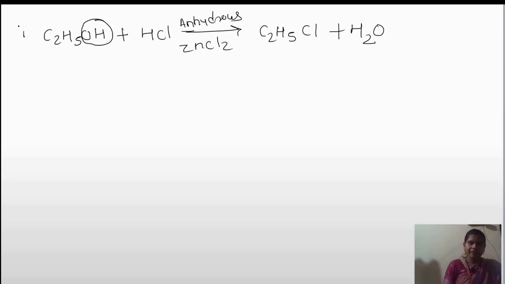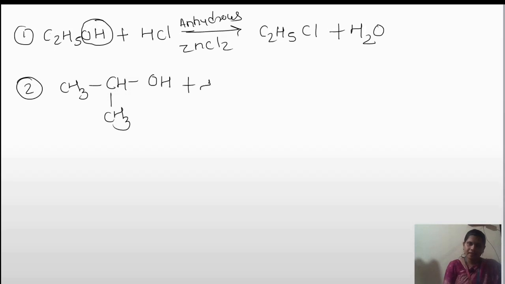Next we will take the another example. CH3CH(OH)CH3 reacts with HCl in presence of anhydrous ZnCl2, we will get this OH is replaced by Cl.